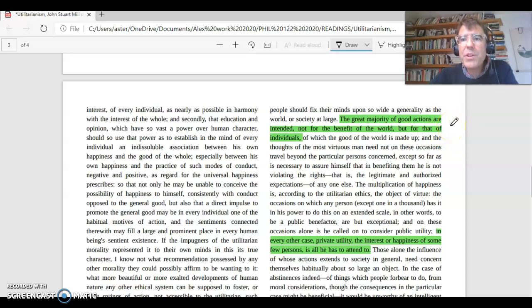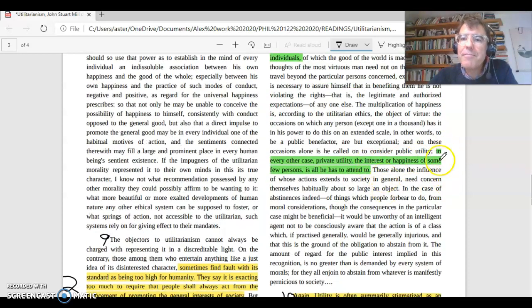Normally, when we do our utilitarian calculation, we can just think about the individuals involved, the people around us, and that's good enough. So it's not too high for humanity because we can just think about the people that are involved.